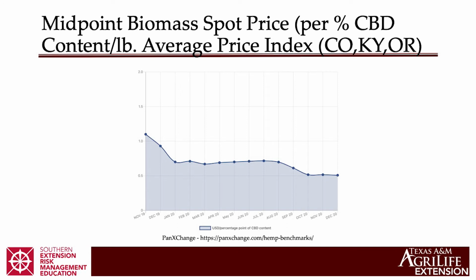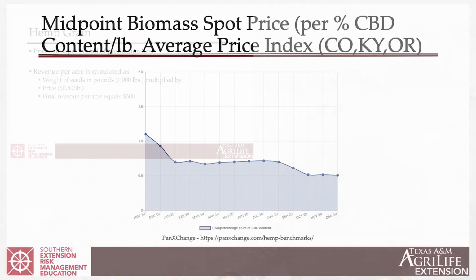At one point in time, this price was well above $4.50. Whenever you're considering your budget, it's very important that you look at current prices or reach out to an AgriLife faculty member to get their input on prices, because the prices are so variable and they will change based on your location, because delivery prices or the charge to get your crop to a processor may vary.